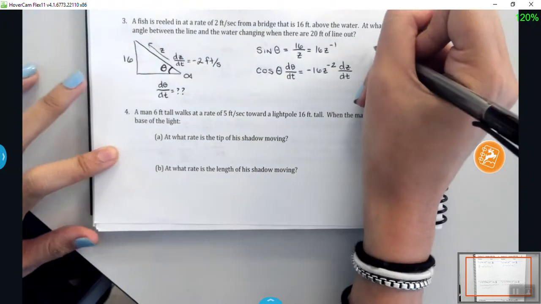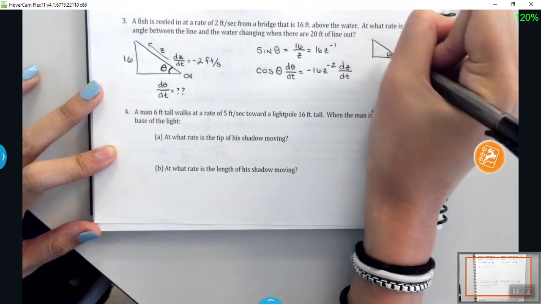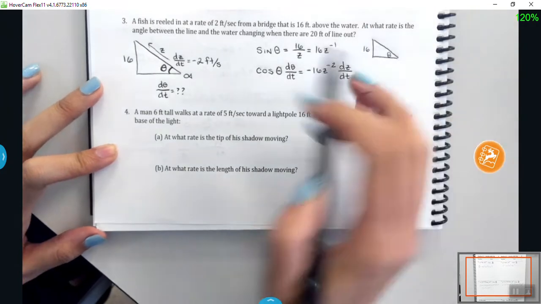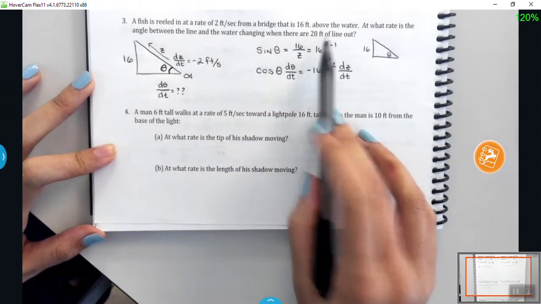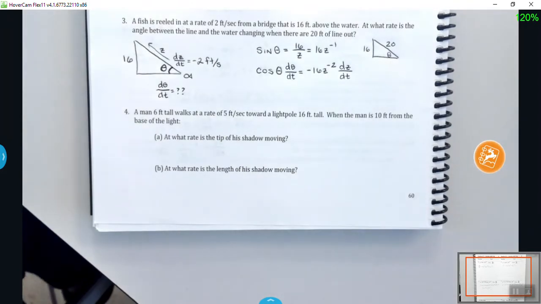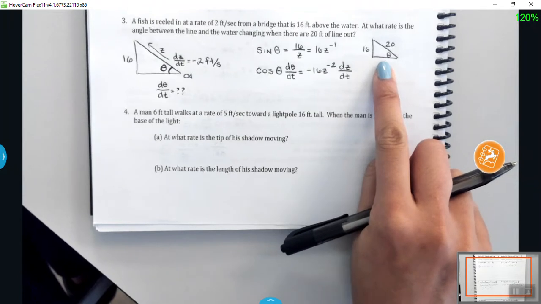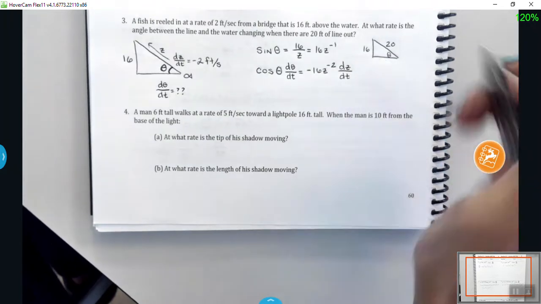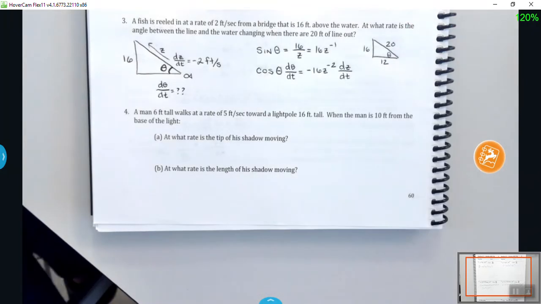I got this triangle. Here's theta, here's 16. And we want to know at what rate the angle between the line and the water is changing when there's 20 feet of line out. So this is 20. What would this side be? 12, it's a 3-4-5 triangle.